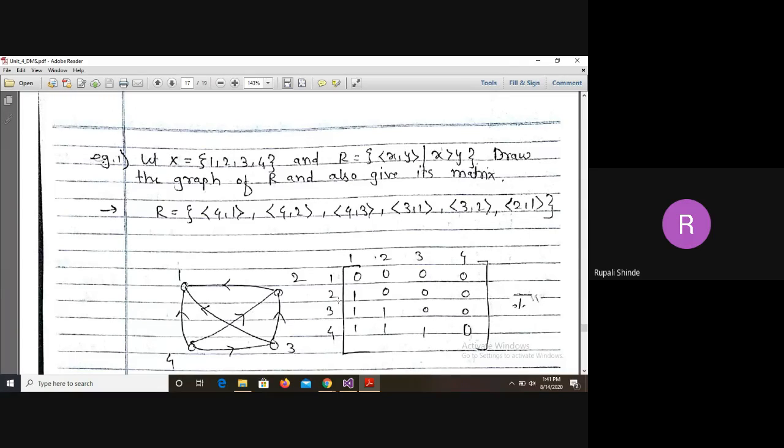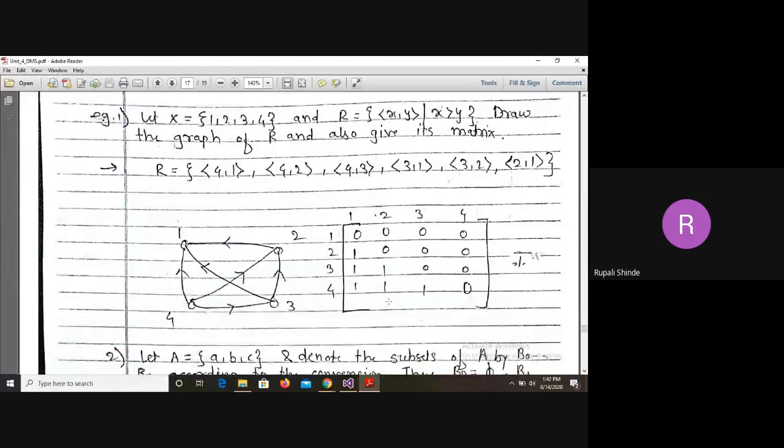Then (3, 1), that is 1. (3, 2), third row second column, again 1, and (2, 1), second row first column, again mark that as 1. And for the rest of the places we mark 0, because those ordered pairs are not present in relation R. So this is regarding the matrix of relation R.